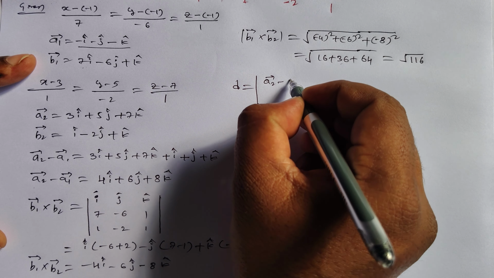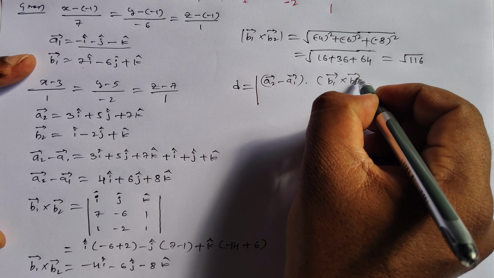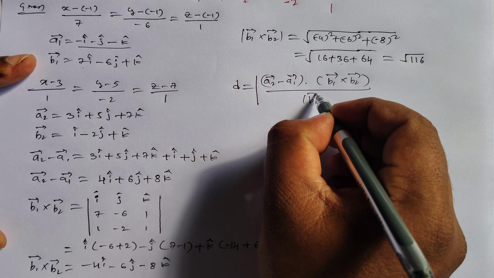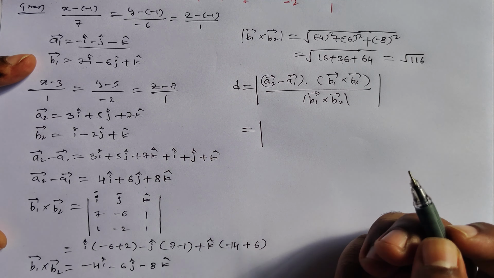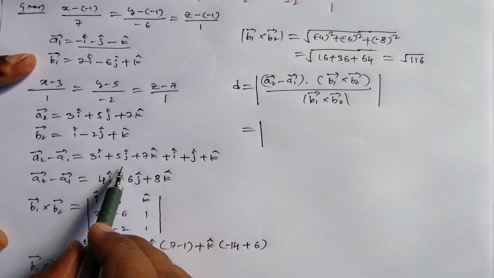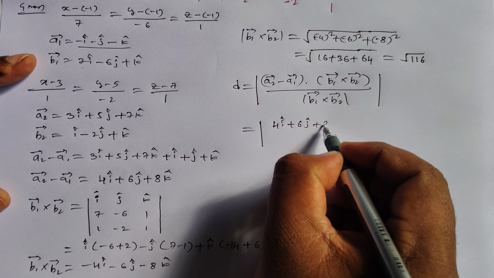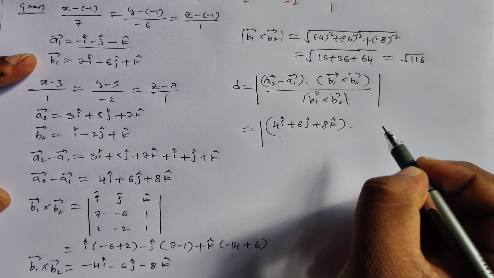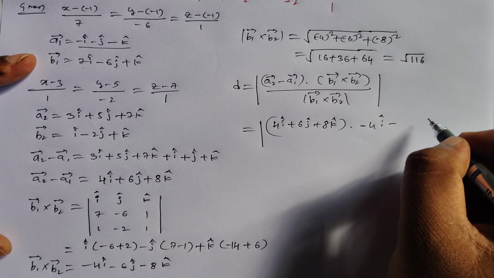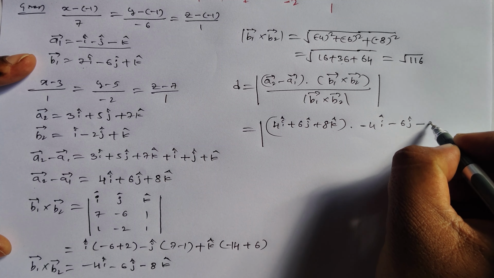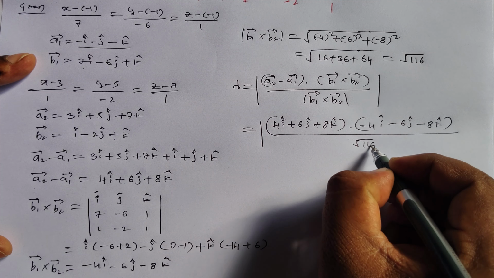So next, what is the distance formula? a2 minus a1 dot b1 cross b2 divided by the magnitude of b1 cross b2. So what is a2 minus a1? a2 minus a1 becomes 4i plus 6j plus 8k dot, what is b1 cross b2? Minus 4i minus 6j minus 8k, divided by root 116.